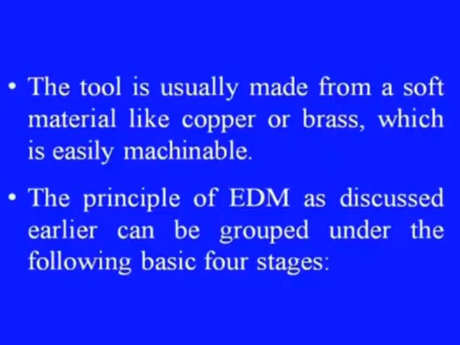As long as we can produce the shape of a tool in the form of an electrode, we can machine that particular shape on the workpiece. The tool is usually made from a soft material like copper or brass, which is easily machinable.